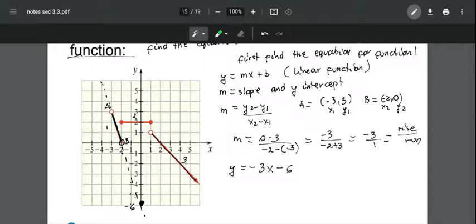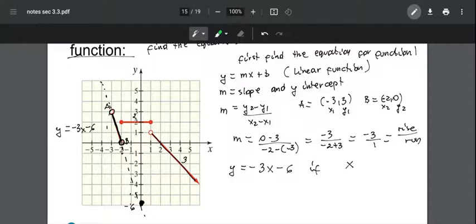Or you could find that y-intercept by plugging in the points. So this is the equation of line 1: y equals -3x minus 6. And this function only works for x's right here.